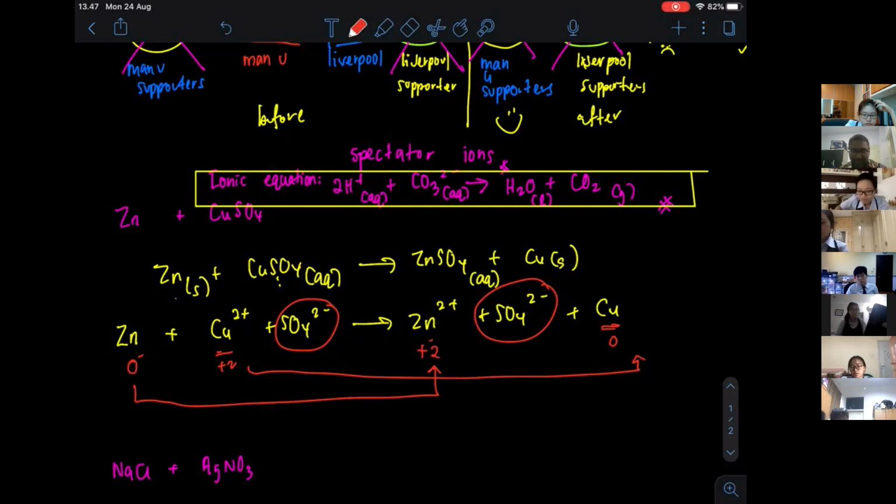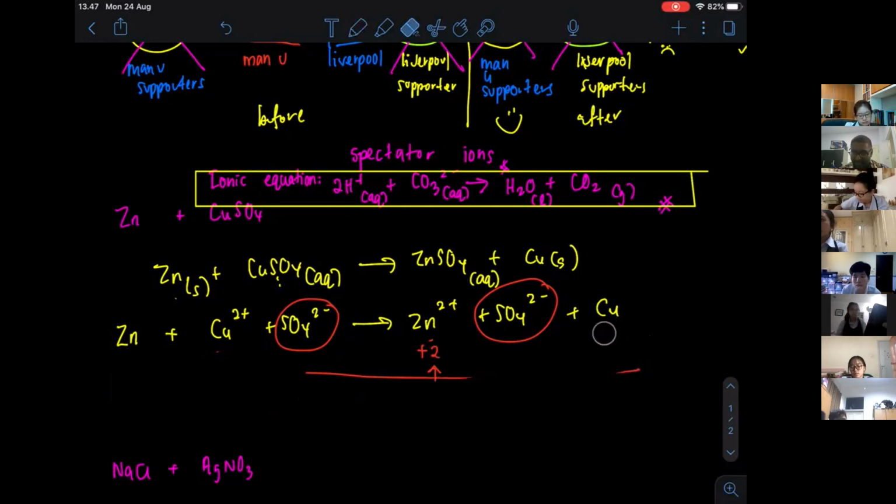But anyway, if you come back over here, we want to identify the spectator ion. The spectator ion that we are talking about is sulfate. Based on the oxidation number, you should know that this is a redox reaction, because it involves reduction and oxidation.